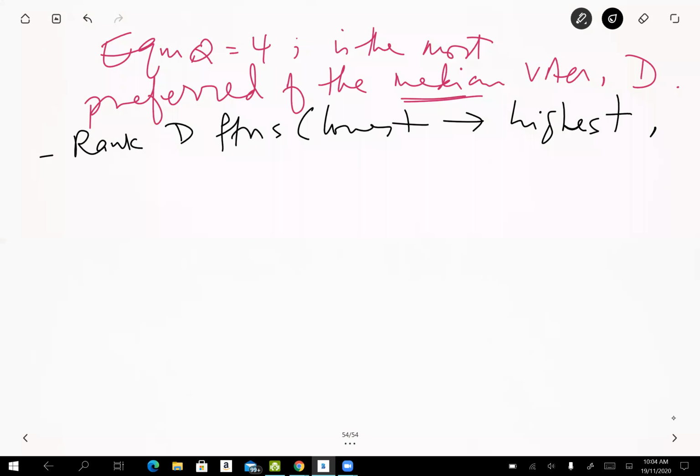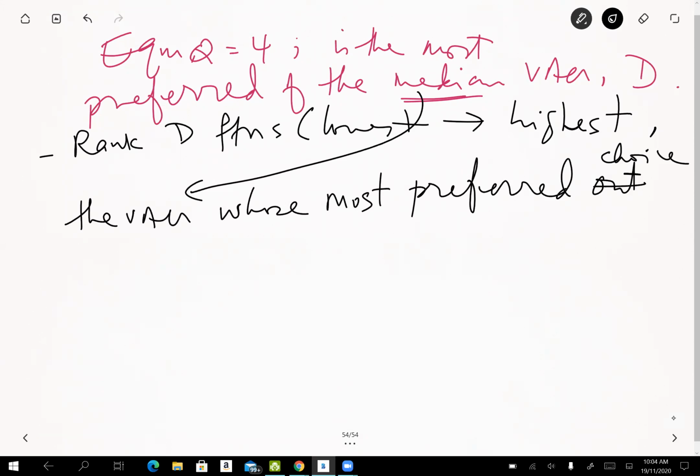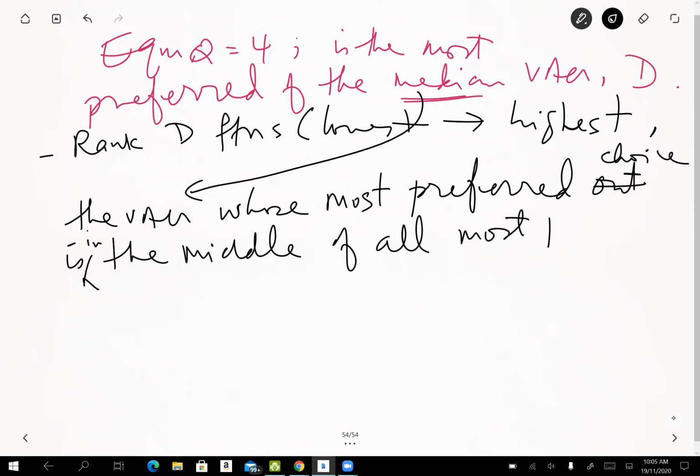The economic definition of the median voter is the voter whose most preferred choice is in the middle of all most preferred choices of all voters.